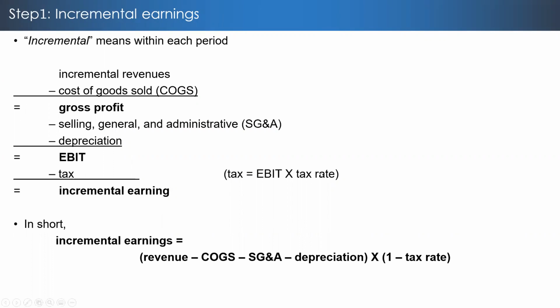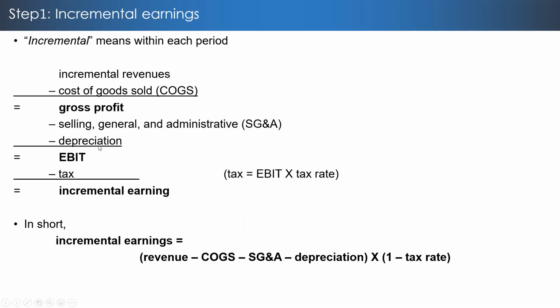So how we're going to arrive at incremental earnings is like this. We start with revenues. For simplicity, we're just going to consider some major parts of the cost or expenses. We start from incremental revenue, deduct cost of goods sold so that we arrive at the gross profit. Then we deduct the selling, general, and administrative expenses, which we call SG&A.